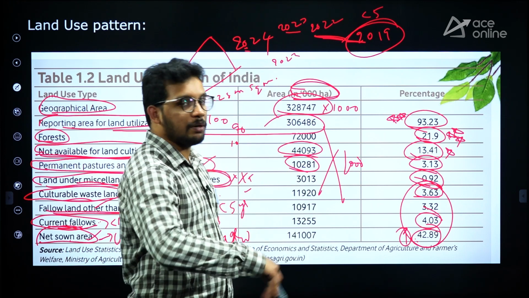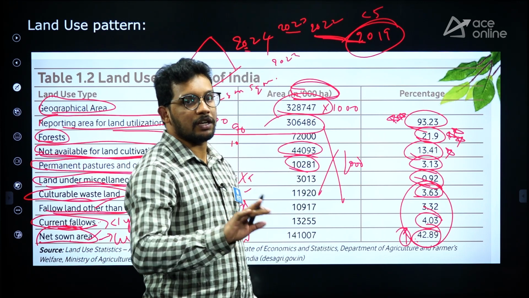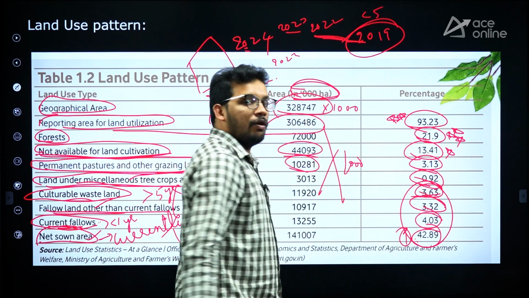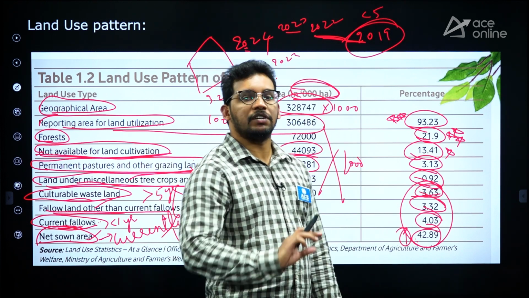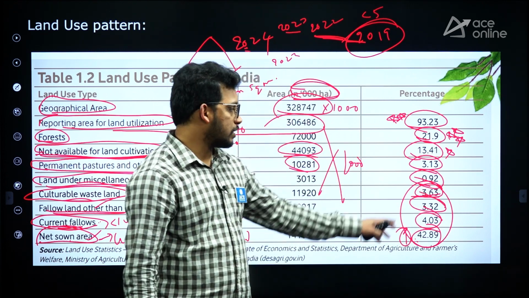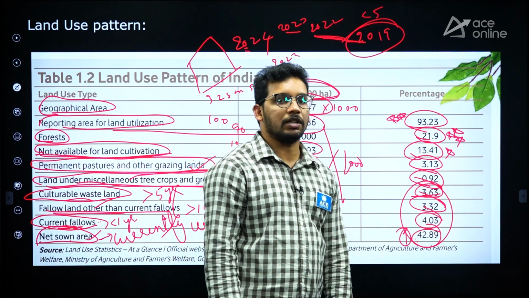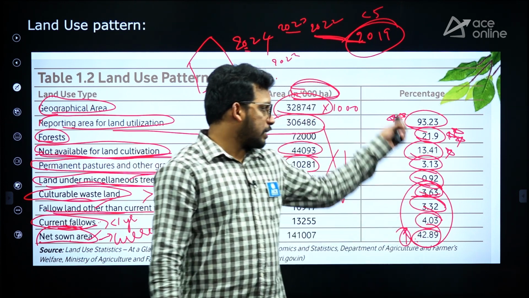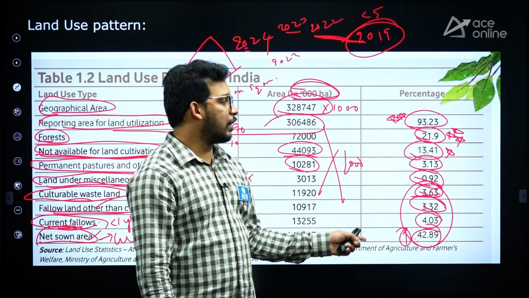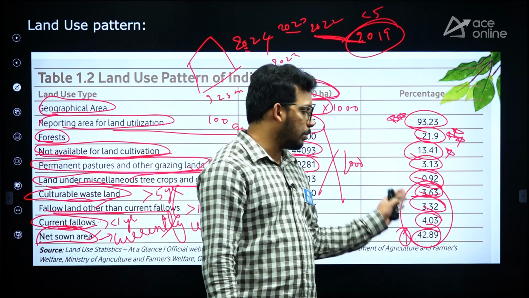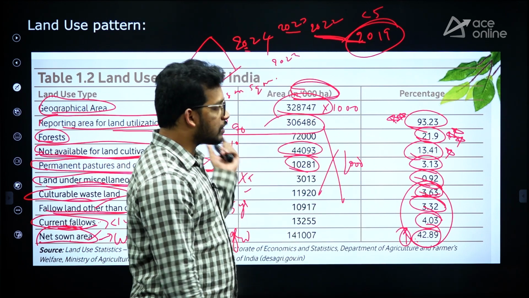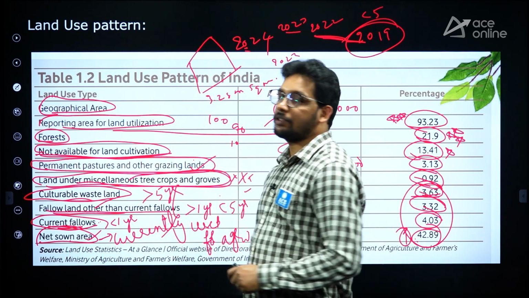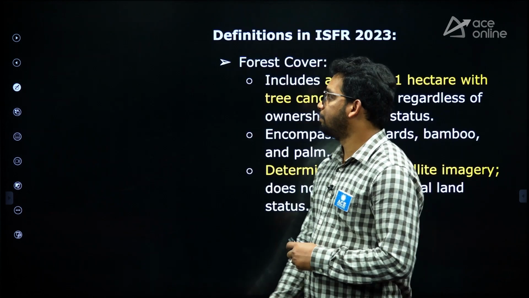Culturable wasteland means that land was not used for agriculture for more than 5 years, that is 3.63%. Then 1 to 5 years, in between these years we did not use this particular land for agriculture purposes. So that comes under 3.32%. So you need to understand the percentages in sequential manner. Whatever is highest, whatever is lowest, they may ask in the exam. So this is the land use pattern of India, right?